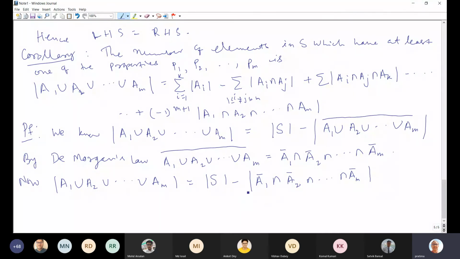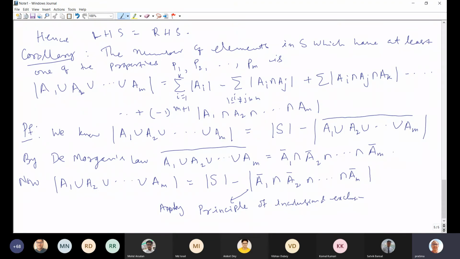Apply, sorry, the principle of inclusion and exclusion, not pigeonhole. Apply the principle of inclusion and exclusion, and you will get the result. Will you get the result now? What we have written, will you get it from this?